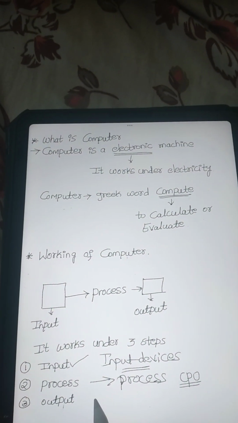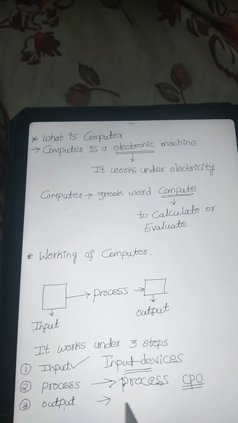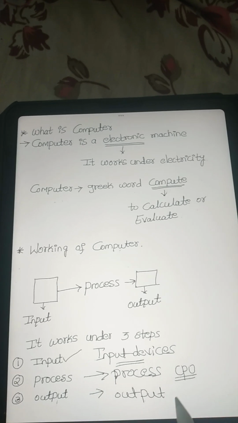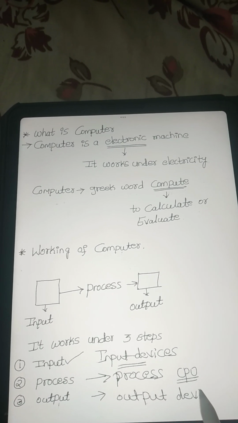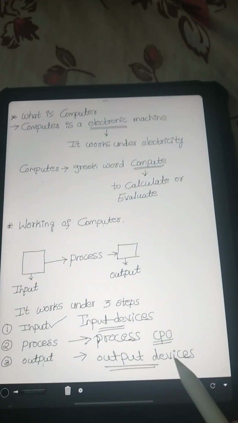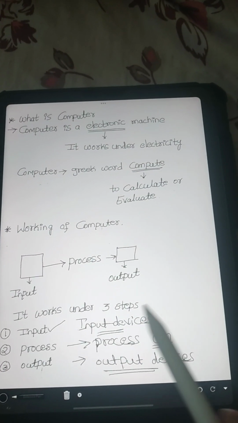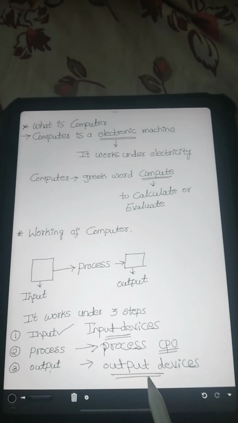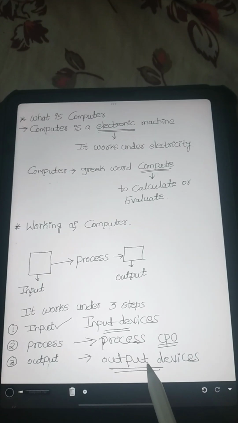After processing, we get the output from the output devices. Output devices mean we are getting the result of the input we have given, for example the output on the monitor.